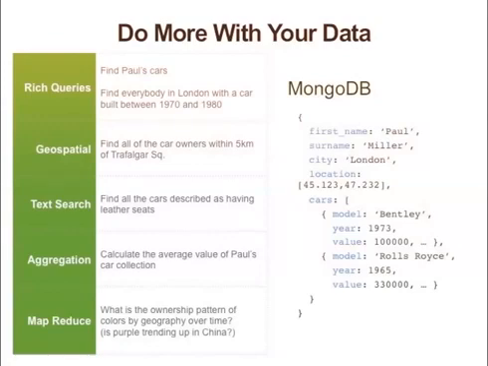And notice here the location, which is a latitude and longitude. We also have geospatial indexing that allows us to do very efficient geospatial queries in 2 or even 3 dimensions. And a very interesting aspect here is the fact that cars here is a list. It's a list, sequence, or array. These are all synonyms, and a list of sub-documents.